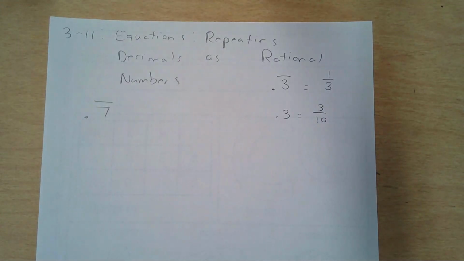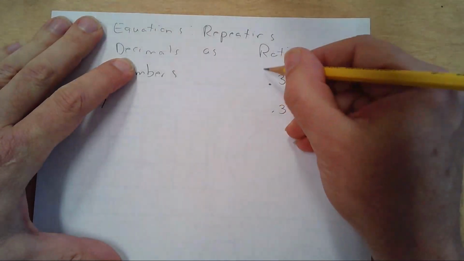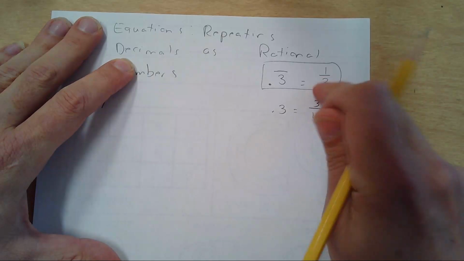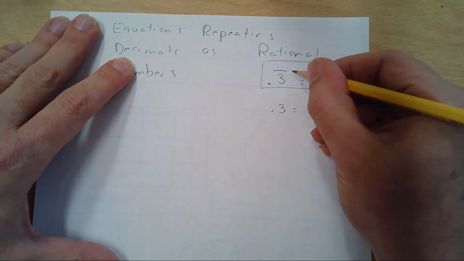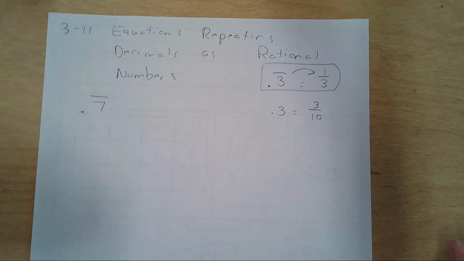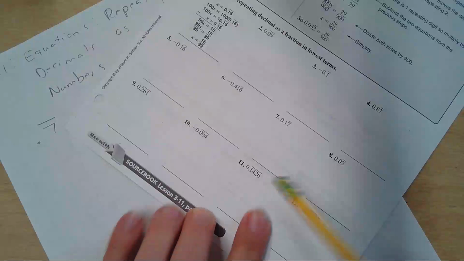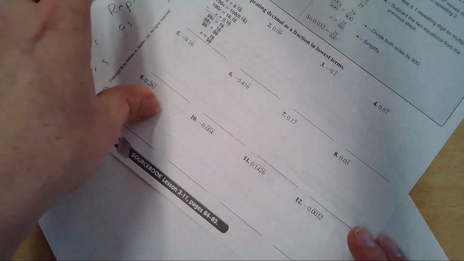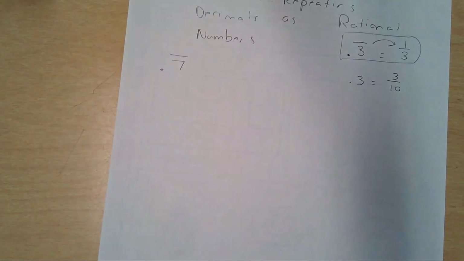Right? They're very different numbers. One of them is 0.3 repeating, the other is just 0.3. And they both have different values. So our real challenge is to figure out, if I know this, how can I get it to that? Now 1/3 is kind of an easy one, but a lot of these, as you can probably guess, we have no idea what it's going to be right at the moment.